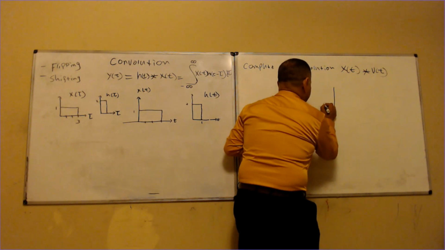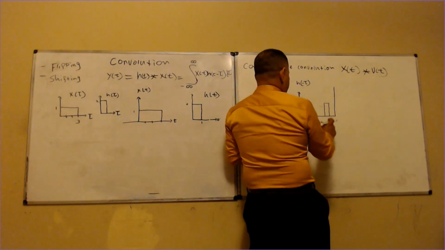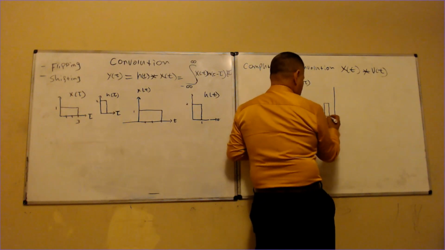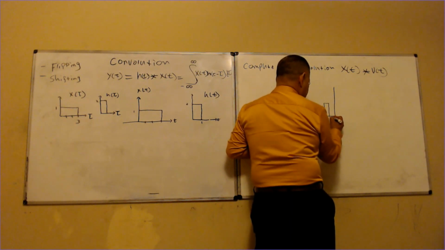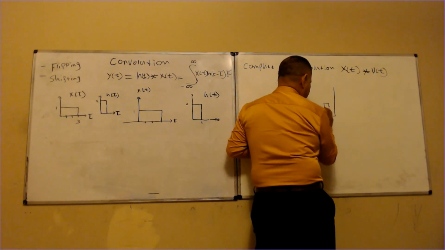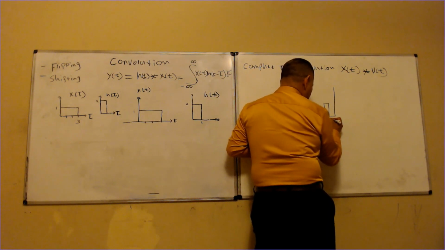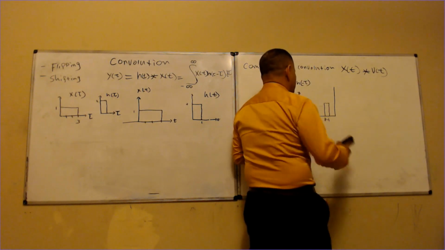So now I shift it, which means I will have a t minus, right? Let's assume that is 1, right? I shift it by 1 to the left. So that means I have to do t minus 1.